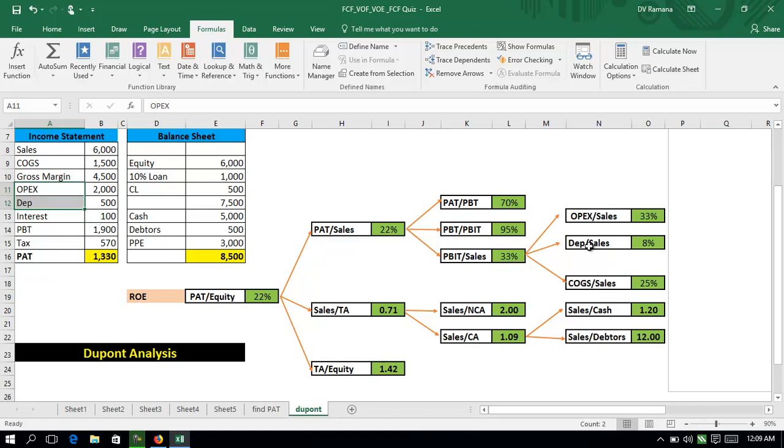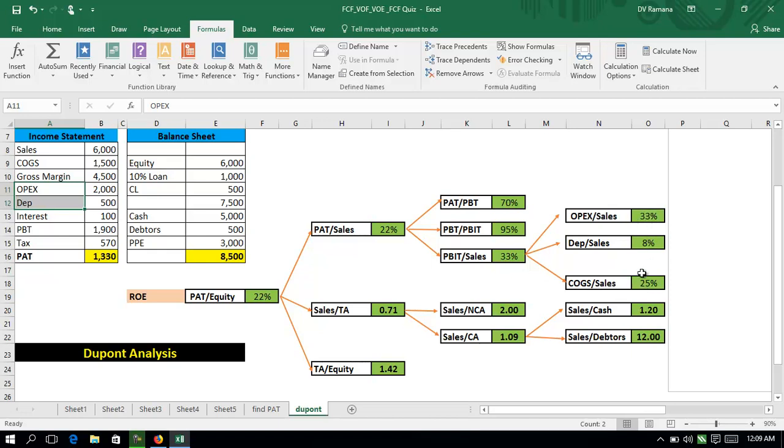So therefore, OPEX by sales is 33%, depreciation by sales is 8%, and COGS by sales is 25%. So it's possible to increase PBIT by sales by reducing any one of them.